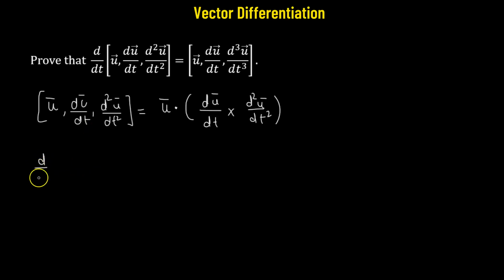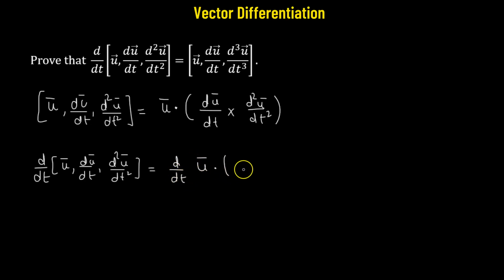So, the derivative with respect to t of the scalar triple product is the same as taking the dot product of vector u with the first derivative of u with respect to t crossed with the second derivative of u with respect to t.